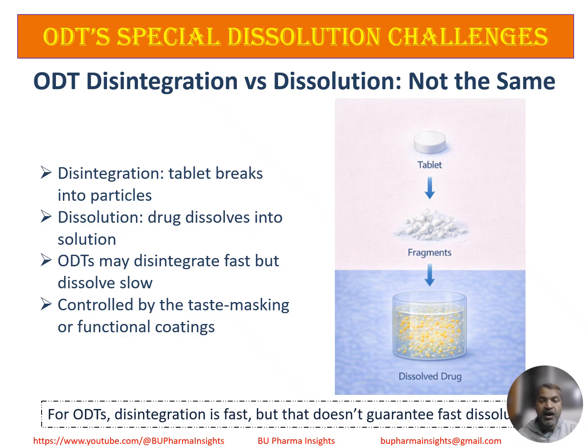These polymers are designed to slow drug release in the mouth, to hide bitterness and improve patient acceptance. However, in the lab, the same coating can delay dissolution and give a false impression of slow release unless tested with proper hydrodynamics. So remember, fast disintegration doesn't mean fast dissolution. Release is controlled by the functional or taste masking coating.